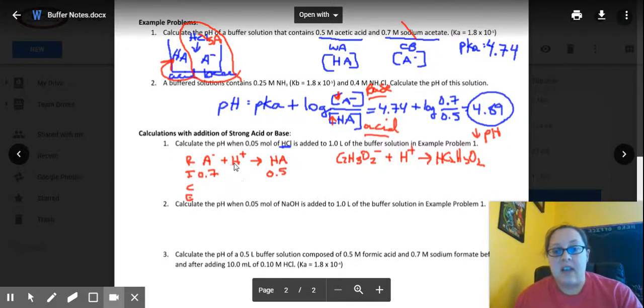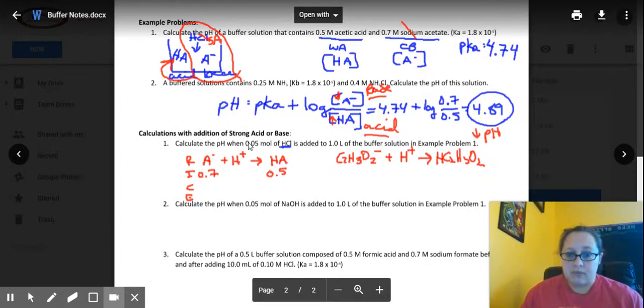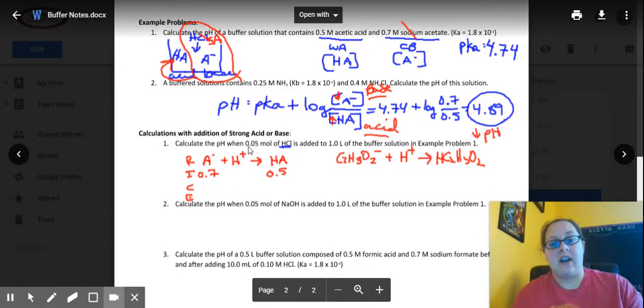Now the next thing we have to plug in is the H plus. But here's our problem. We know H plus in forms of moles, and you see how this 0.5 and this 0.7 is in molarity. So what we have to do is figure out what the molarity of HCl would be. So we have moles, 0.05. We also know that there's 1 liter of solution.